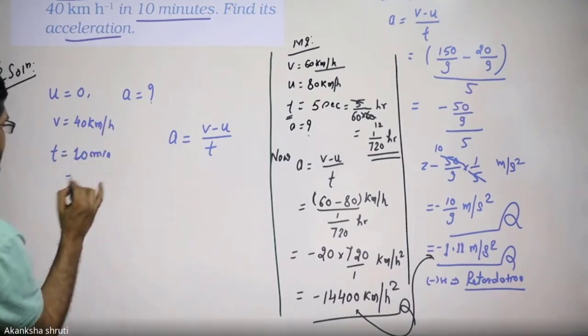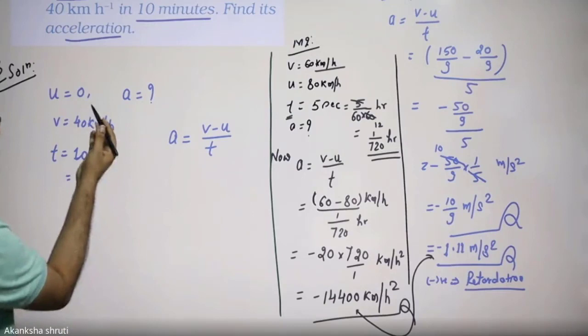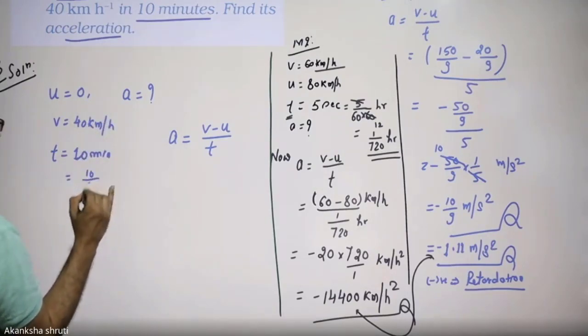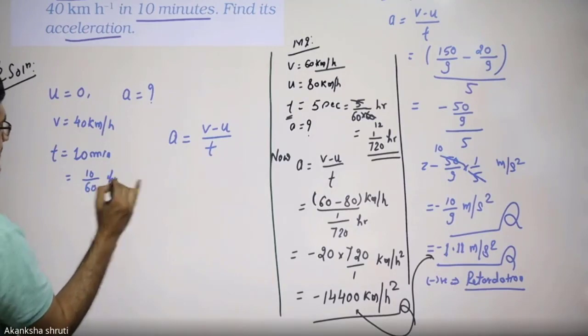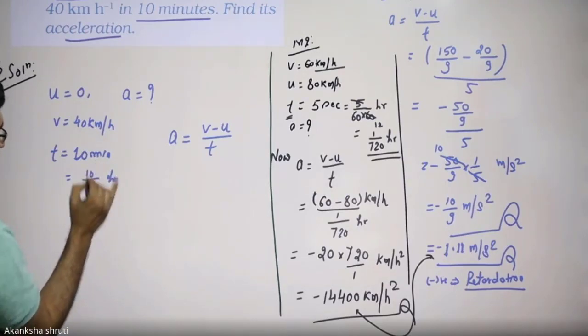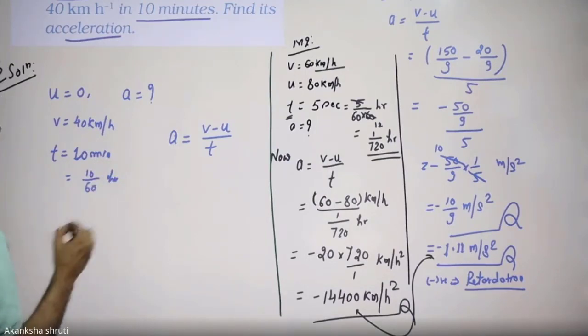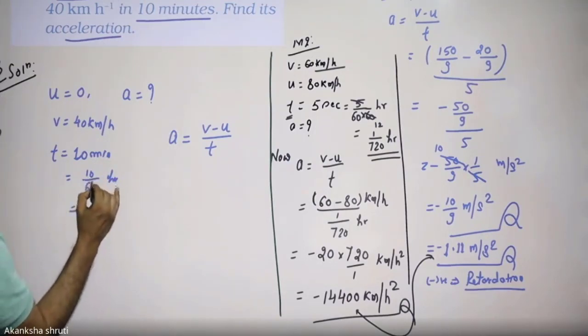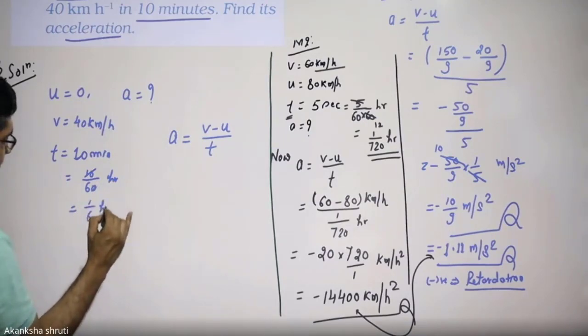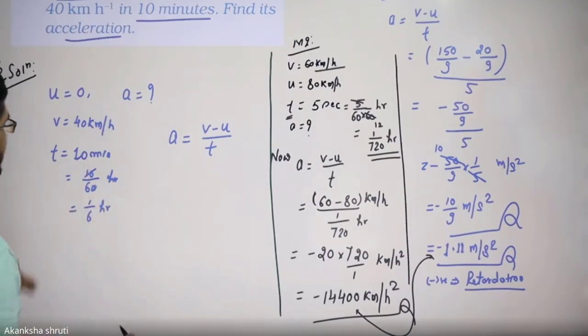We may convert this time into hours, then we can use this v directly. So 10 by 60 hour, because it was in minutes, so we divide by 60 to convert it into hours. Cancelling this, we get 1 by 6 hour. Keep this t as a fraction.